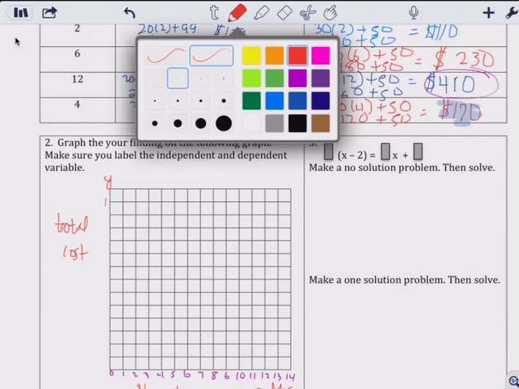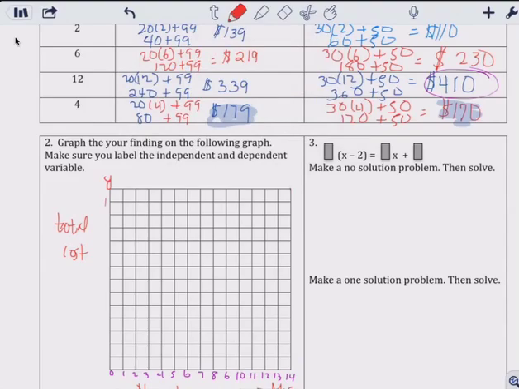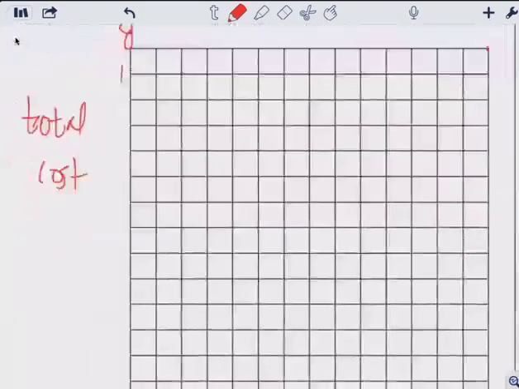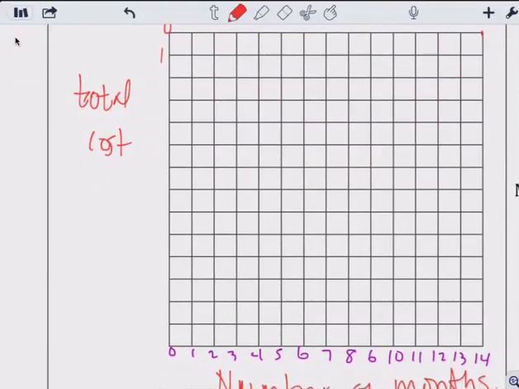30, 60, 90, 120. We can do by 30, but I'd rather do 50. I can count even faster. But 30 is fine. We can do 30, 60, 90, 120, 150, 180, 210, 240, 270, 300, 330, 360, 390, and 420.